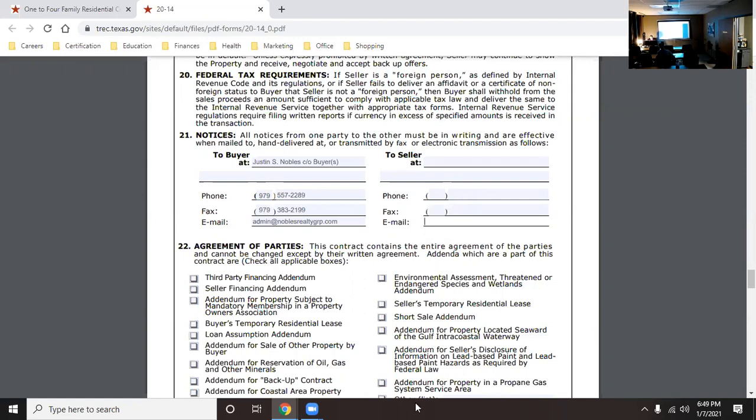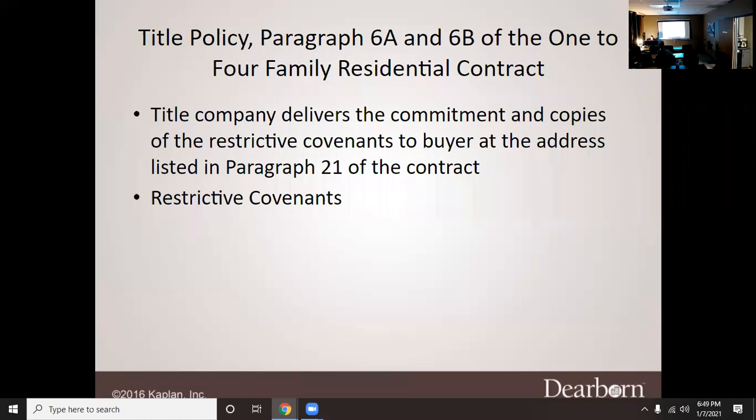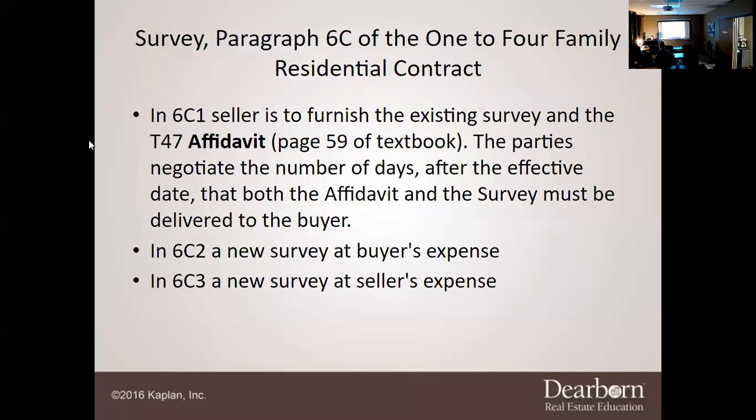Now, let's go back over here. Now we can move to the survey. When dealing with the survey, in paragraph 6 of the 1 to 4 family residential contract, in 6C1, the seller is to furnish the existing survey and a T47 affidavit.